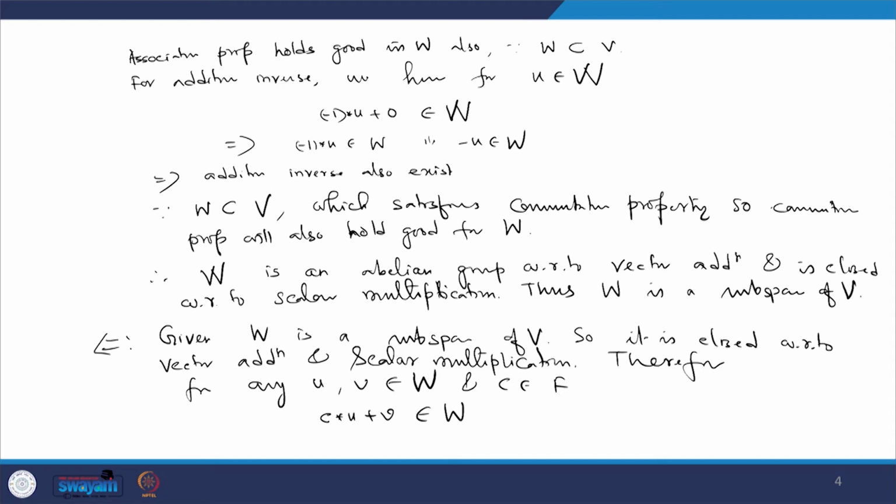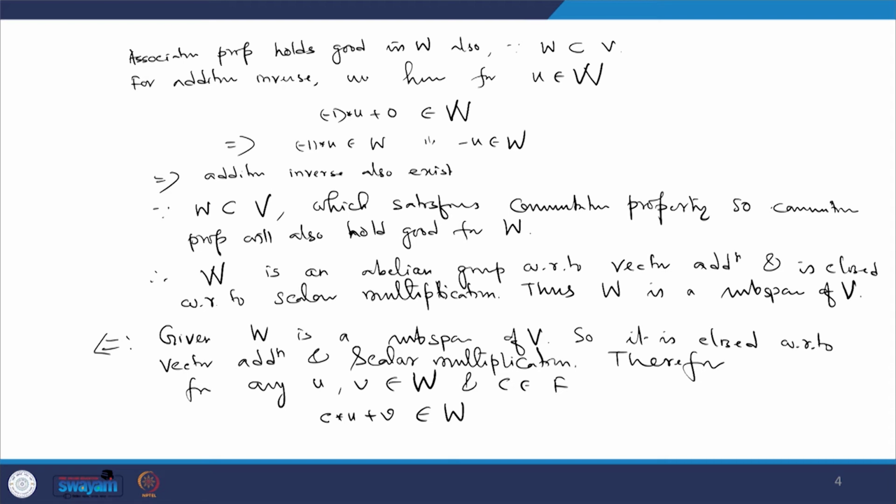So, we see that a non-empty subset of a vector space will be a subspace provided for any u and v belonging to W and c belonging to the corresponding field, c*u + v belongs to W. For the sake of brevity, I will not write down the star, I will simply write cu.